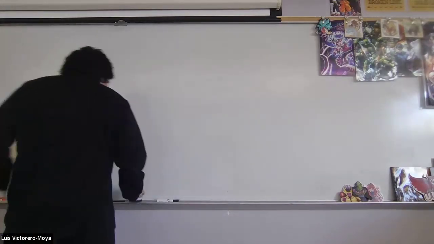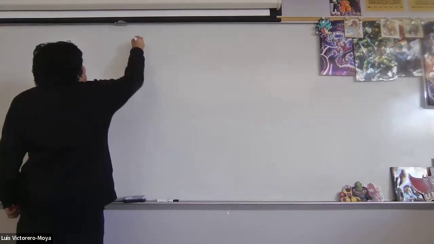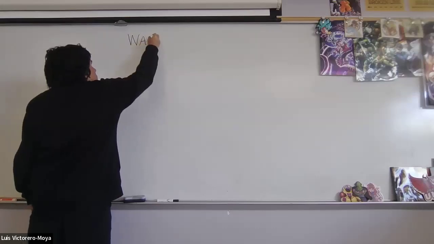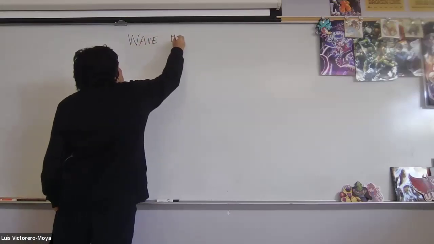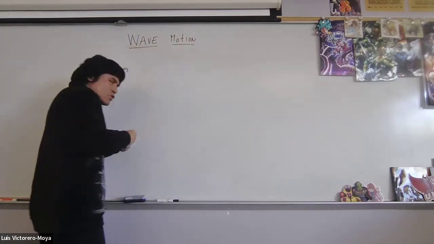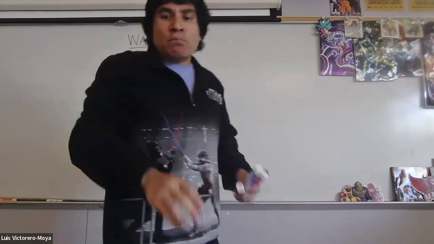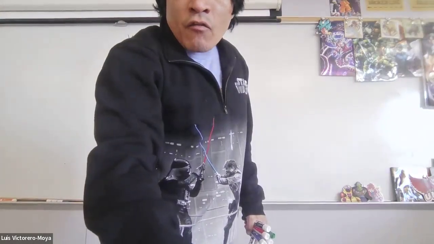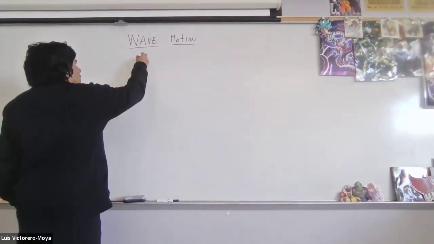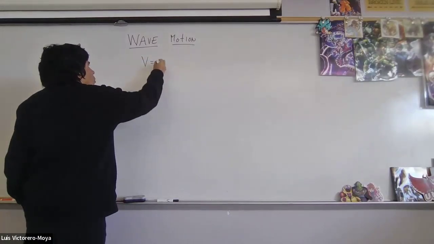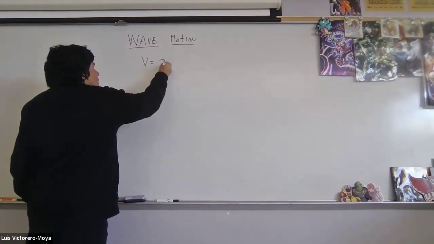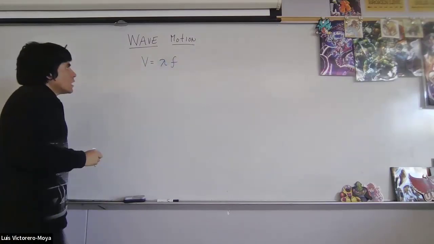Like you still have frequency, period, still sinusoidal. For a wave motion, the main equation is the one that gives you the relationship between the speed, wavelength, and frequency. Speed is equal to wavelength times frequency, right?